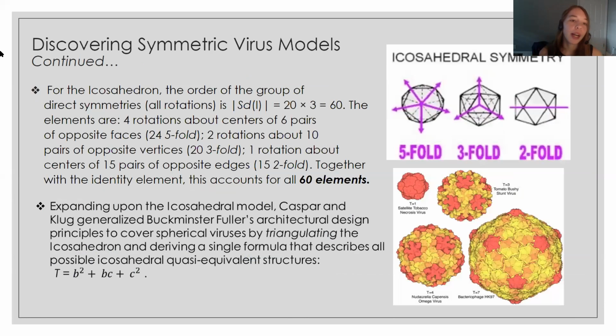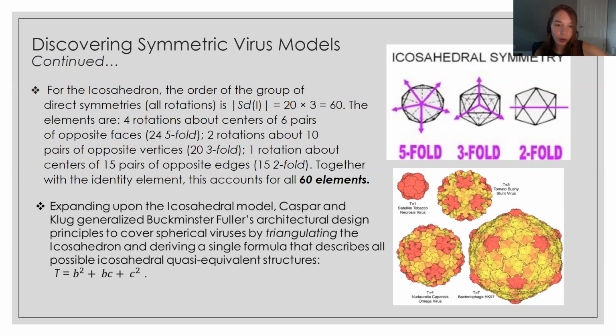Right. For an icosahedron specifically, its symmetry group is going to consist of 60 elements, order 60. These elements are comprised of 4 rotations about centers of 6 pairs of opposite faces. If you take any 2 opposite faces and draw a line through them, you'll find that they have a 5-fold rotational symmetry. This is true for all 6 pairs of these faces, giving 24 5-fold rotational symmetry elements.